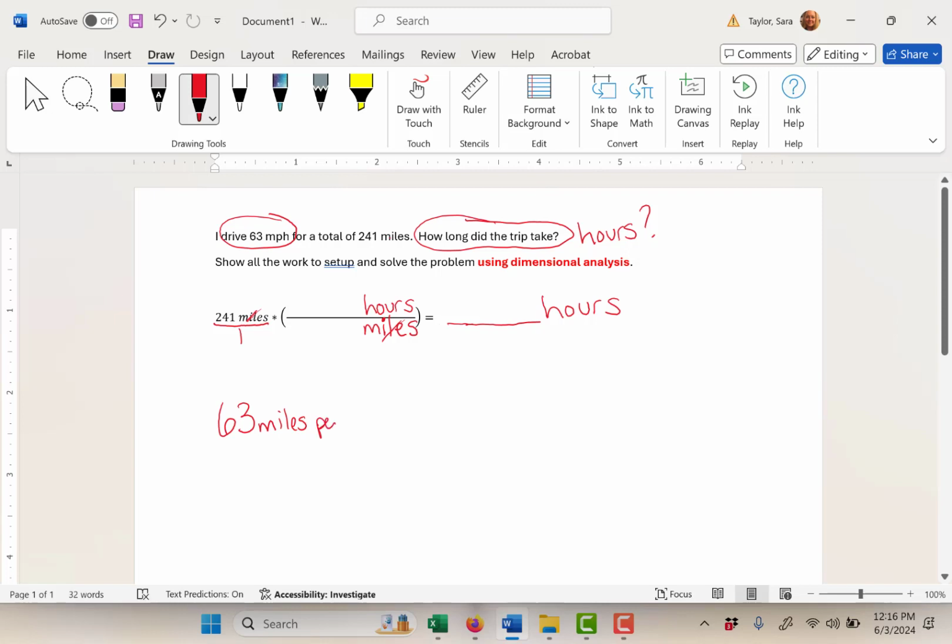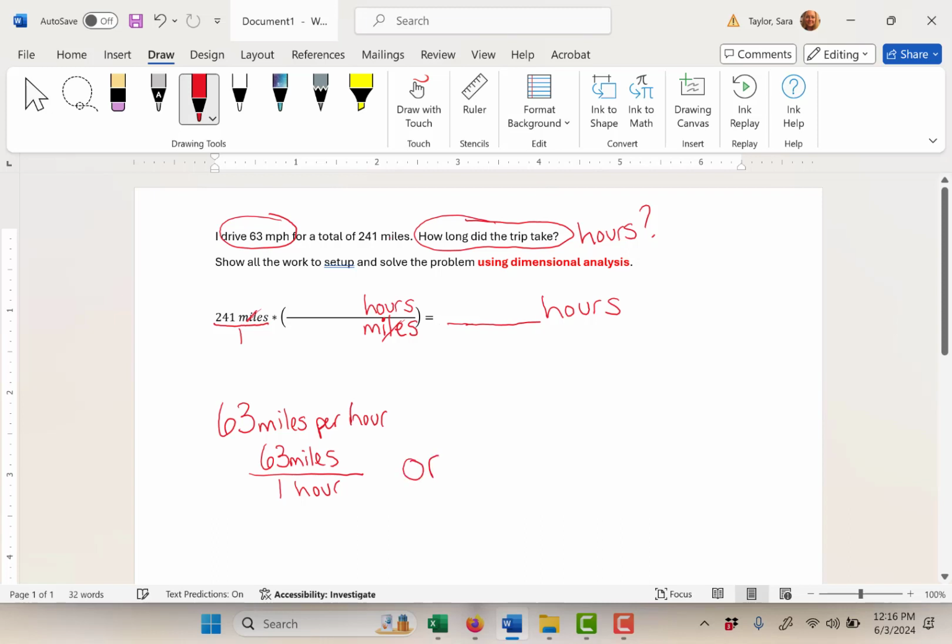Remember, you can take these rates, like this one, 63 miles per hour, and you can write that as a mathematical fraction. This 63 miles per hour could be written in two ways. We could write it as 63 miles on top divided by 1 hour on the bottom, 63 miles per 1 hour.